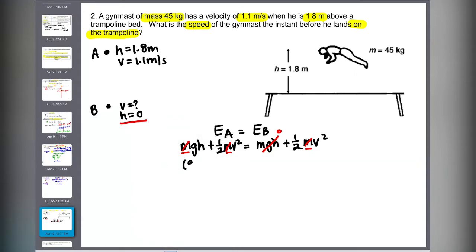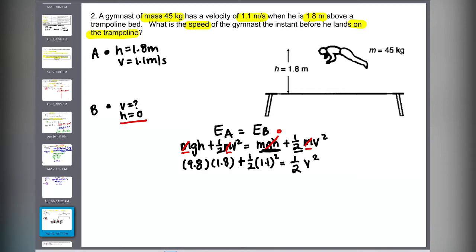Okay, g is 9.8. Height at A, I look at the picture, which is 1.8. Adding 1/2 times 1.1 squared, equals to, the mgh term is gone, so I now only have the last term, 1/2 v squared.